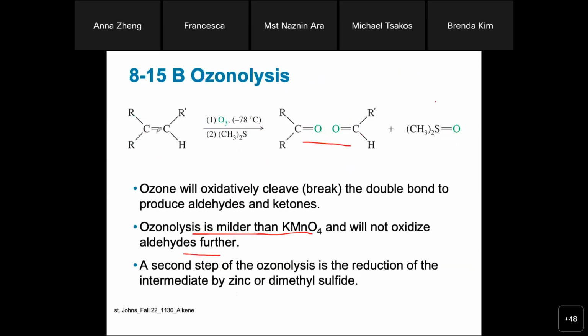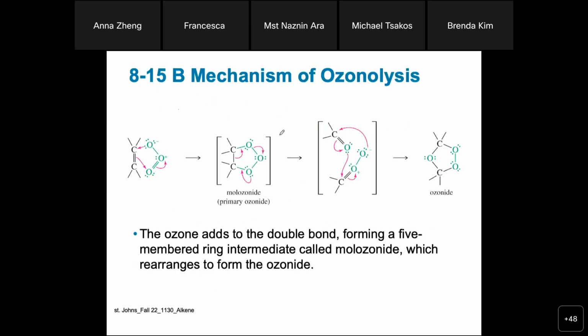Normally this type of carbon alkene will break down, and the keto product will come in the presence of ozone, and this is a mild reaction, not like potassium permanganate, which will oxidize.